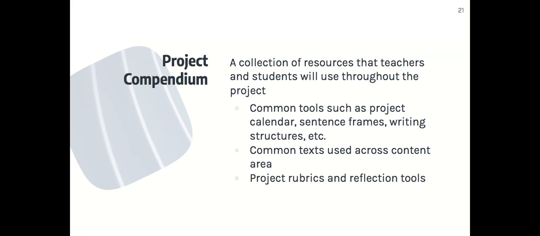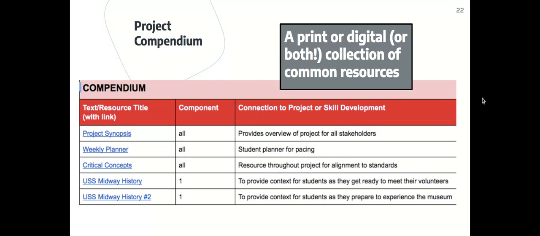So it really does help to establish that continuity and the relationship between the classes, not only for project development, but also for students to see that there are common things that we do in each of our classes, even though the content may be different. And then another suggestion here might be rubrics that you use throughout the project, or opportunities or tools for reflection that you might have the students doing.